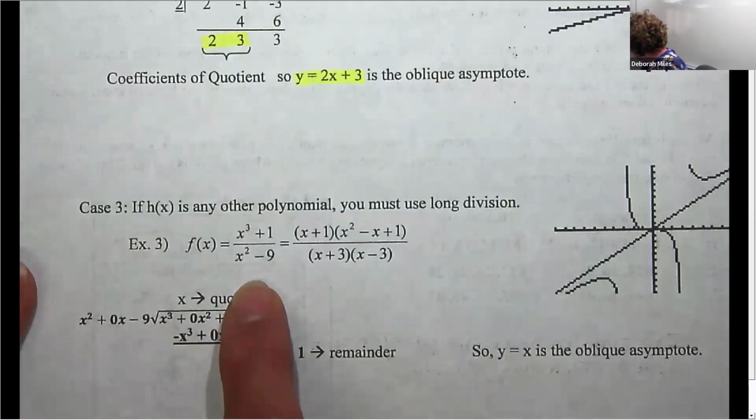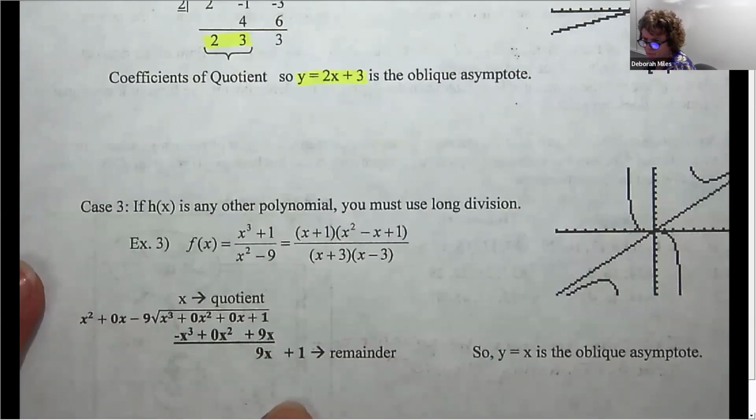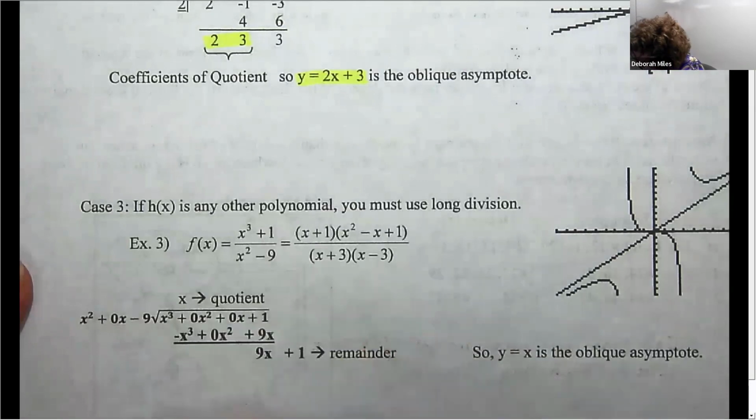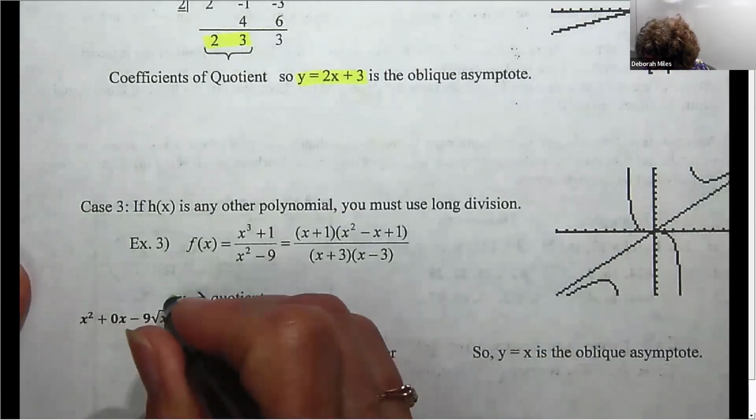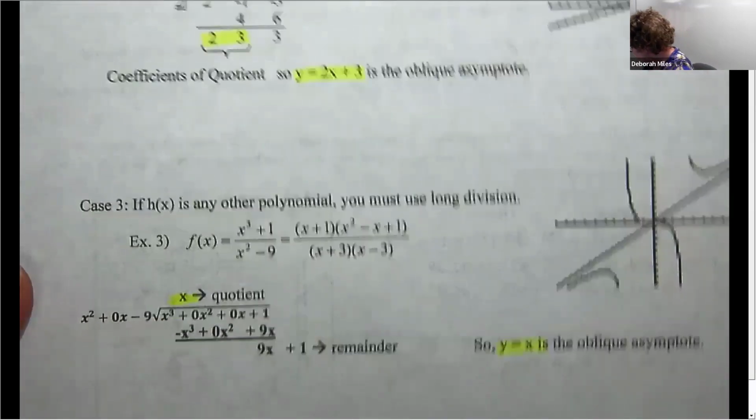And if you have something you can't use synthetic division on, you have to use long division. Please tell me I didn't ever give you one of those. I don't think I gave you anything you had to do long division on. But if you did, there's long division and your quotient y equals x would be your slant asymptote.